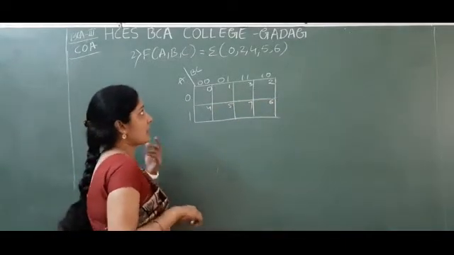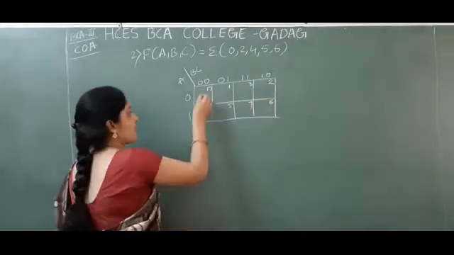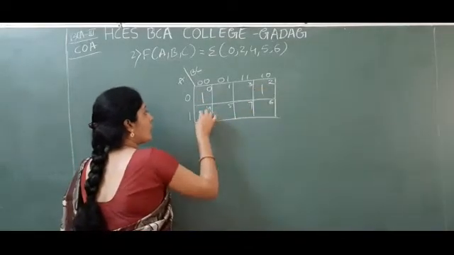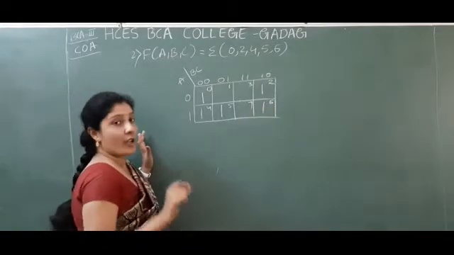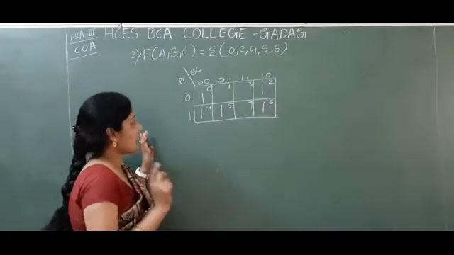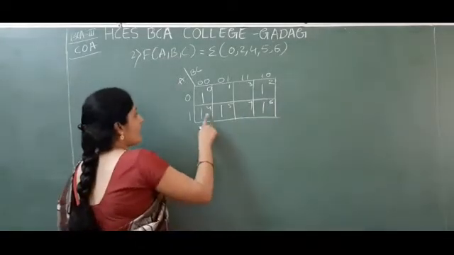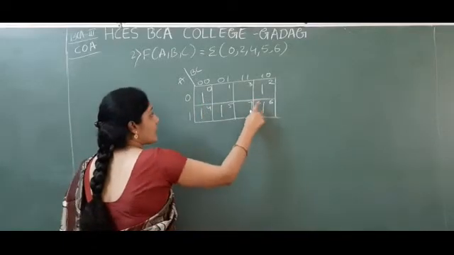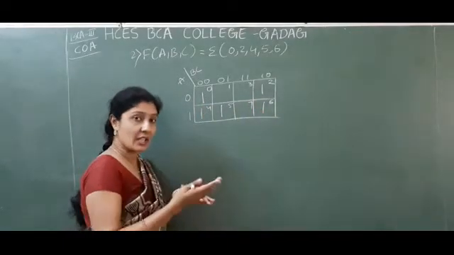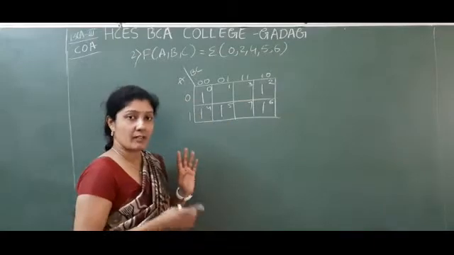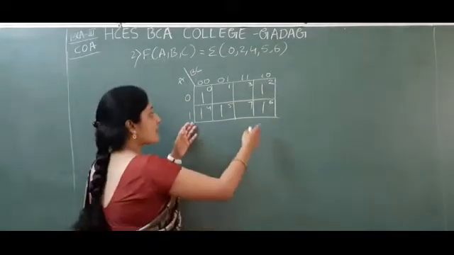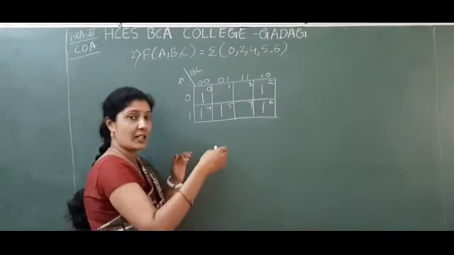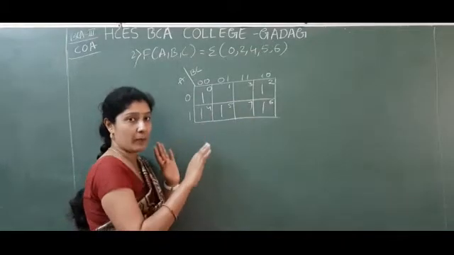Okay, now the numbers are 0, 2, 4, 5, 6. Okay, now this time, see here. These two and these two. These two can be paired, right. These two can be paired, right. But these two pairs are situated exactly at the terminal of the K-map.